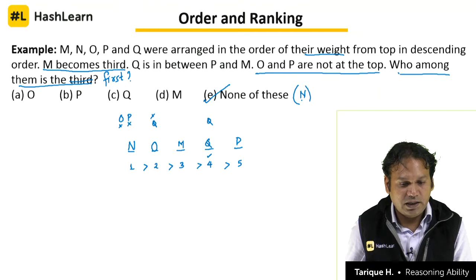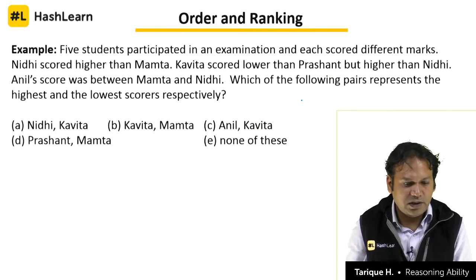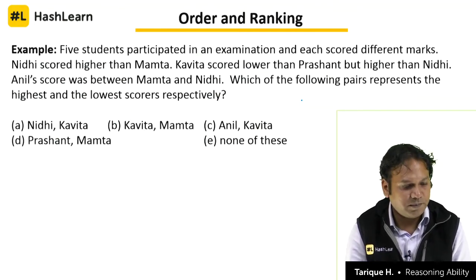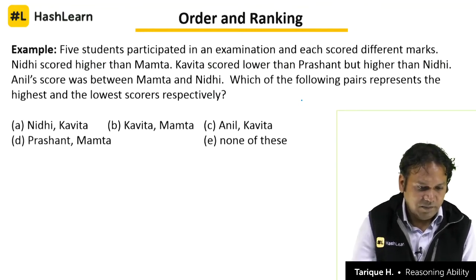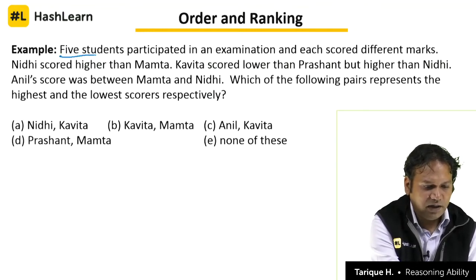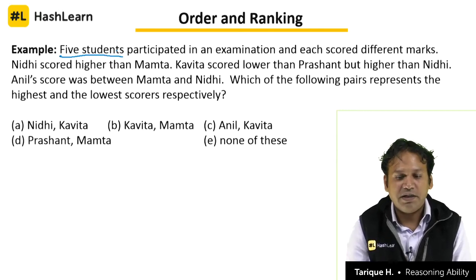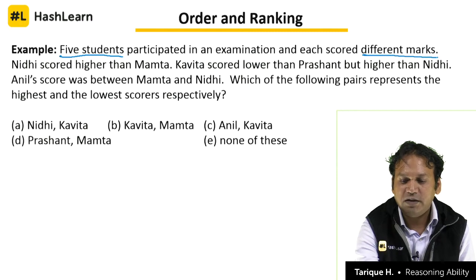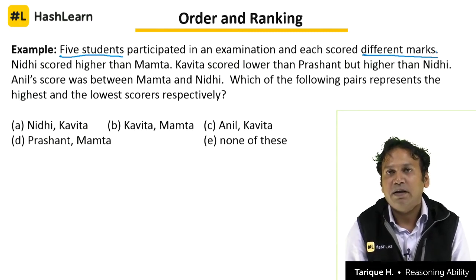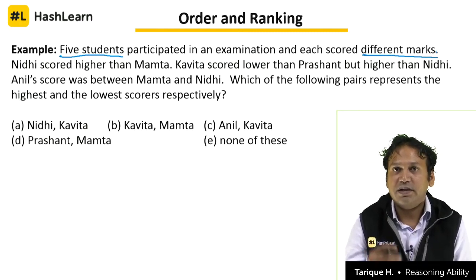Next, we will go to the next question and see what is being asked. 5 students participated in an examination and each scored different marks. That is very important to know: distinct scores, distinct weights, distinct heights.